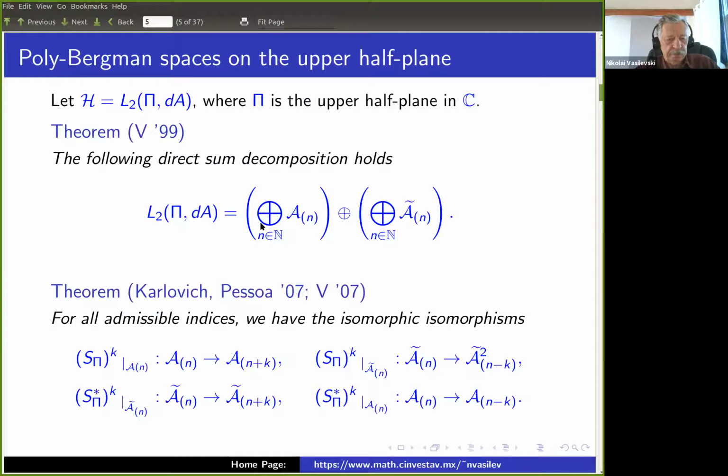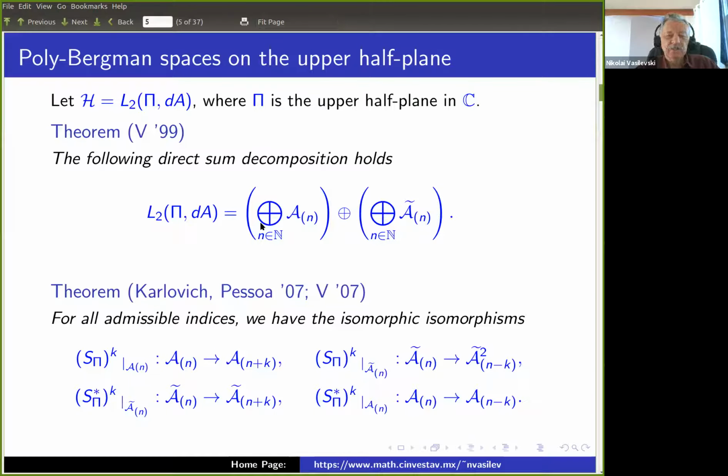Operator S over P to the power K moves true n-analytic functions to true (n plus K)-analytic functions, and moves down true anti-analytic functions, while its adjoint operator moves down true polyanalytic functions, moves up true anti-analytic functions and moves down analytic functions.